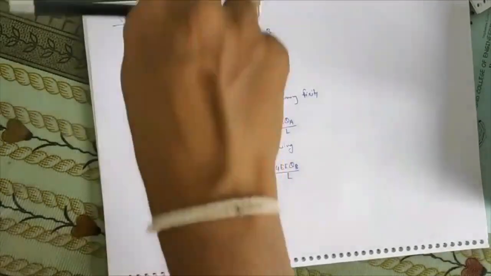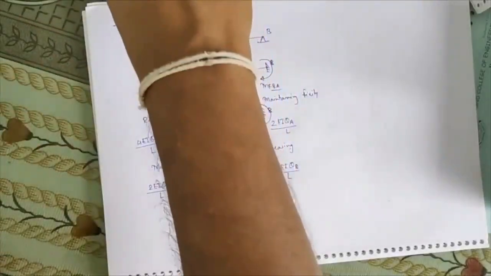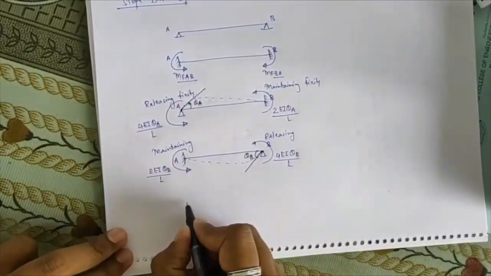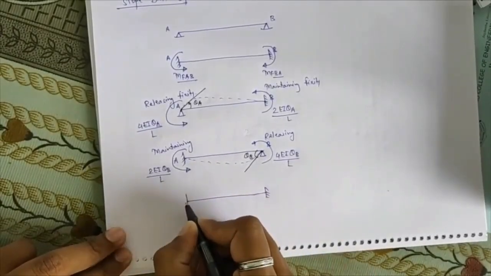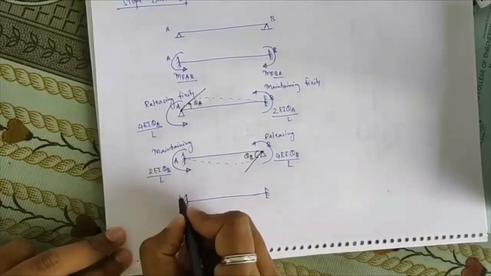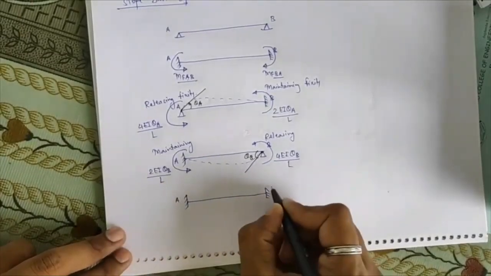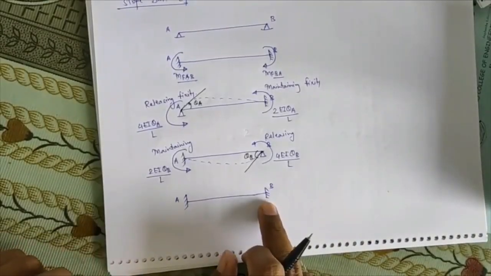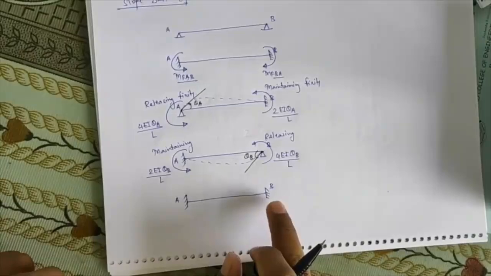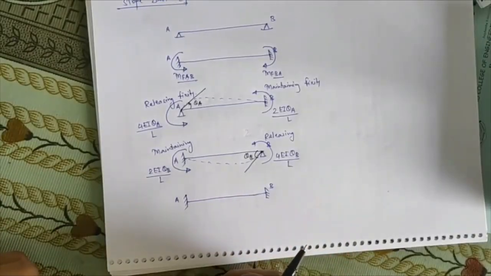Okay, now after this what I am doing, again I am maintaining the fixity at both the joints A and B. Only condition is what? While maintaining this fixity, I am releasing these two joints for my transverse displacements.